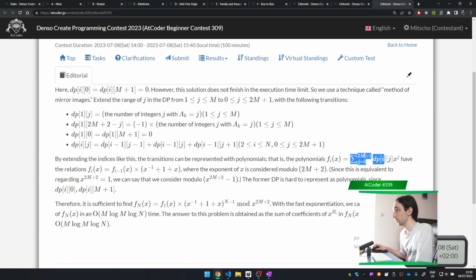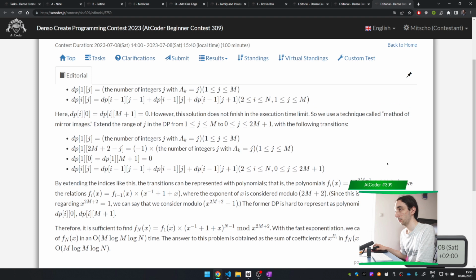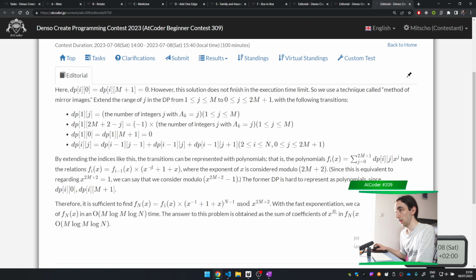So he's just calculating the DP. Yeah, so this is the polynomial I'm talking about, x to the minus 1 plus 1 plus x, where the exponent is considered with. Yeah, so this is what I came up with.